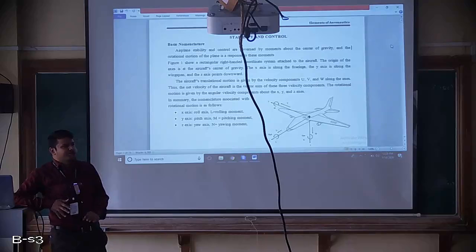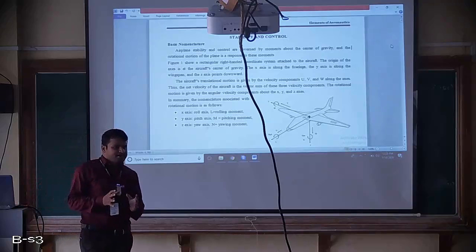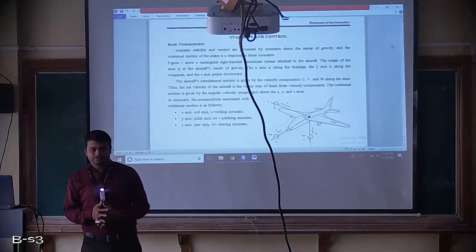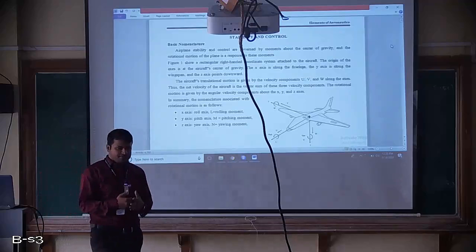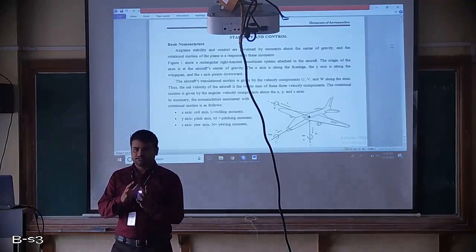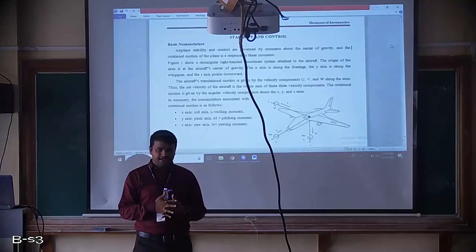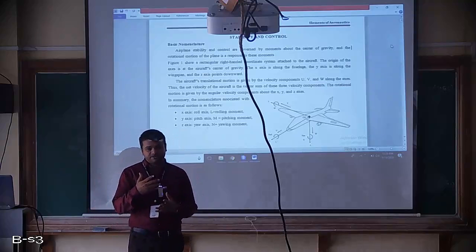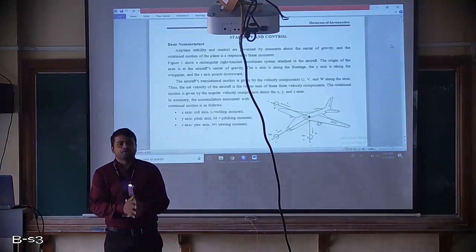So due to that, maintaining the stability of the aircraft is a must, and we have to do that. To do that, we have certain parameters, by operating the primary and secondary control surfaces. But before that, what is stability, and which are the different types of stability? All those things we will see one by one.